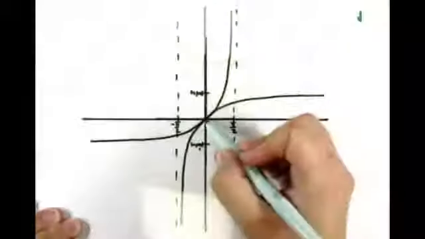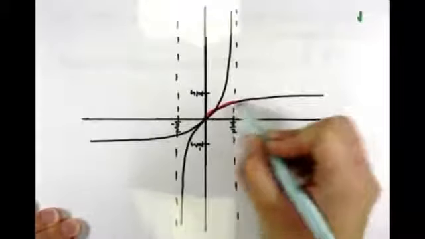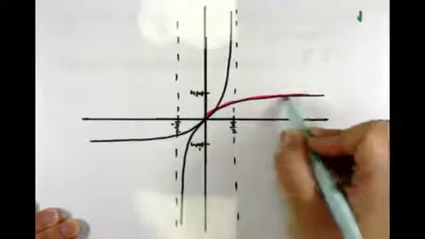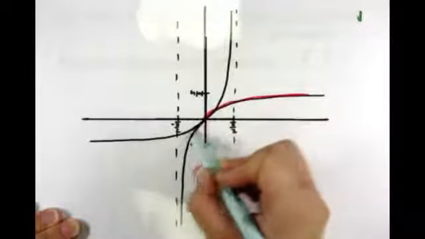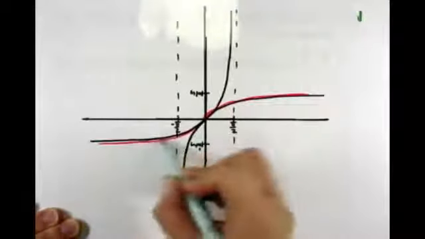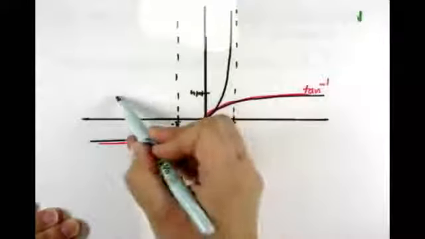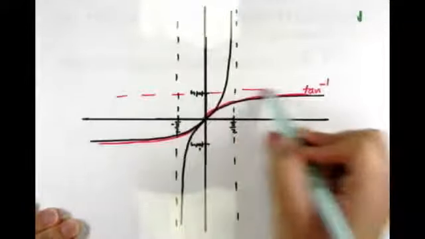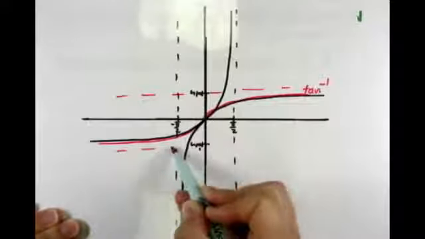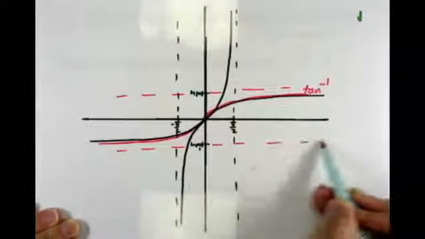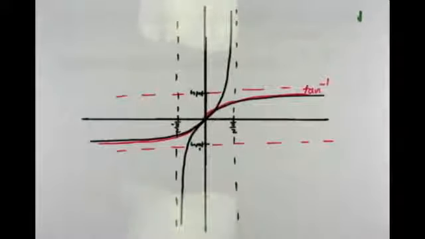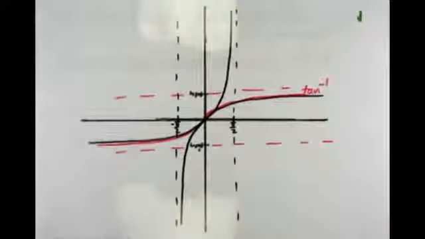Okay, so the red graph is my tangent inverse. And then we would have those asymptotes right here.